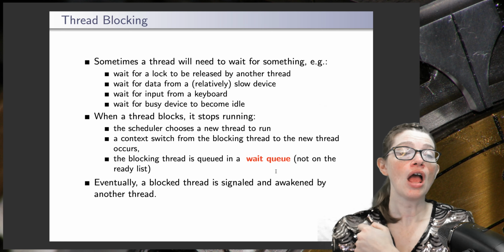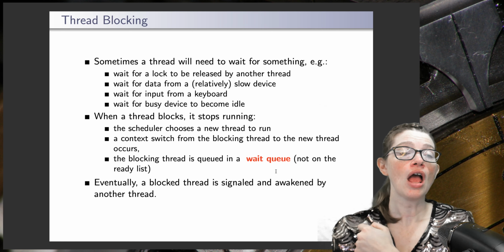If we are waiting for a particular lock, then we are going to have a wait channel for that particular lock, and the threads that are waiting on that lock will wait in that wait channel. And that way, when I know the lock is available, I will go to that particular wait channel and wake a thread there, because I know that all of the threads on that wait channel are waiting for the exact same thing. So we tend to have one wait channel per resource or thing we are waiting on.